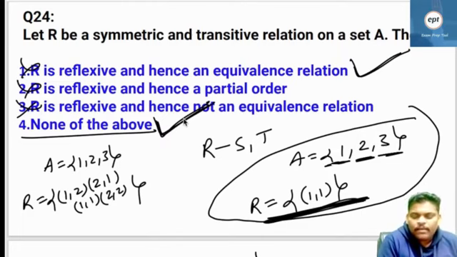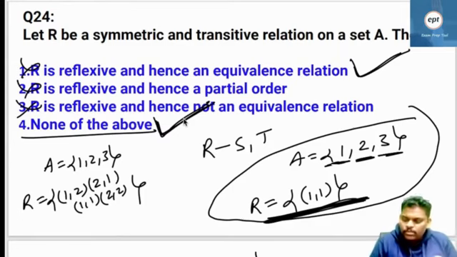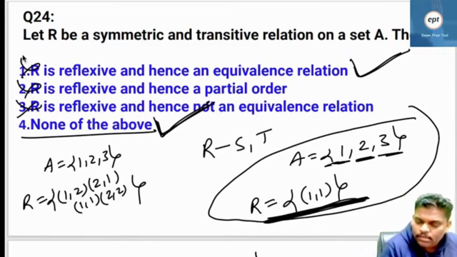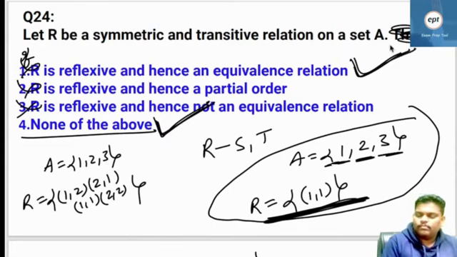Arey J, is it okay? Can we move to next? Suppose the question is, let R be symmetric and transitive on set A, if R is reflexive and hence equivalence relation, right?